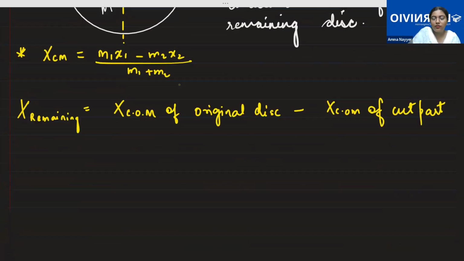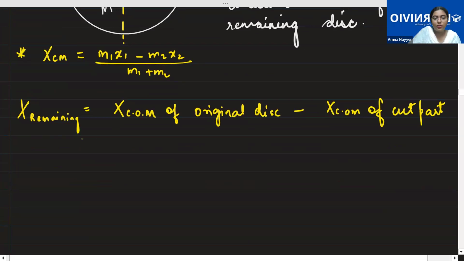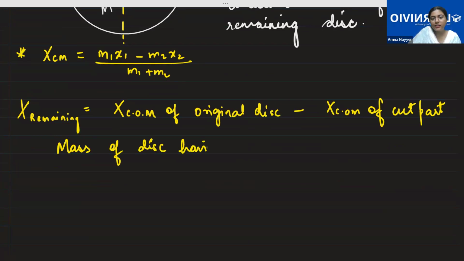So look, when the disk was complete, mass of disk having area pi r square, meaning the complete big disk before getting it cut, this radius was r, so pi r square would have a mass m.